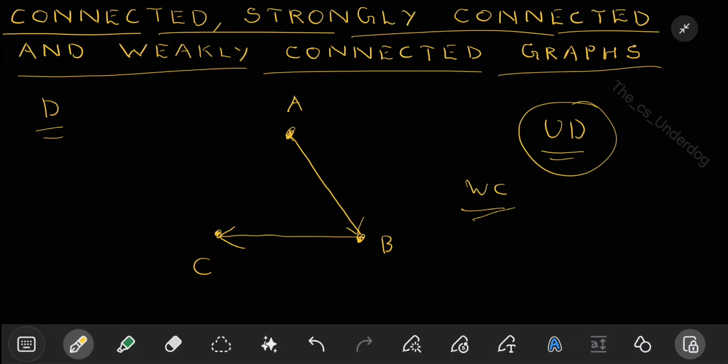Because if you want to reach from A to C, you can as of now come from A to B and then B to C. What if you want to go from C to A? There is no path, so it is not strongly connected. But if I remove the directions, then I can come from C to A. I can come from C to B and B to A. So if I remove the directions and it becomes a connected graph, then it is weakly connected.